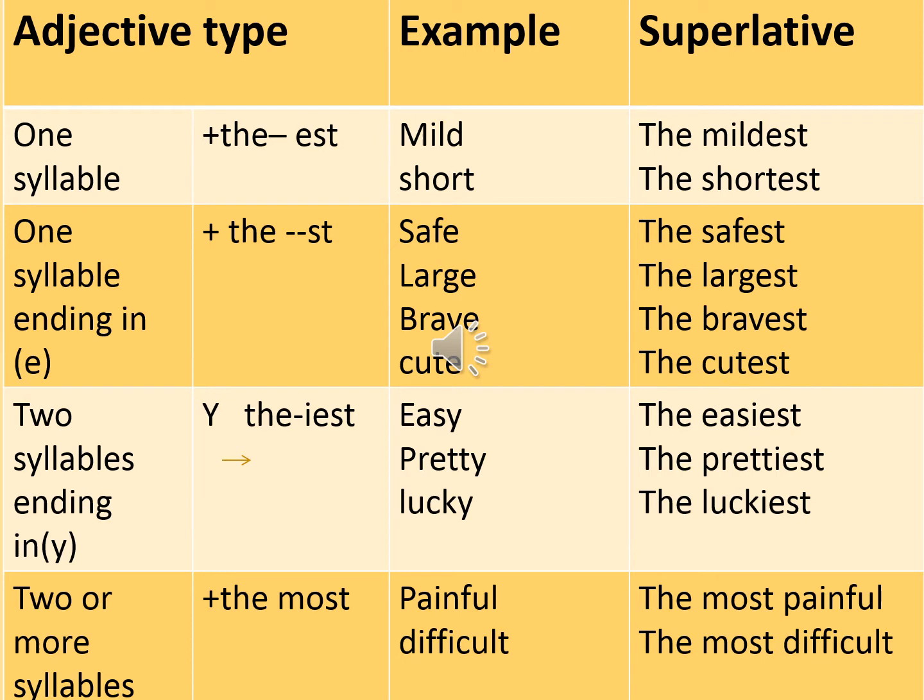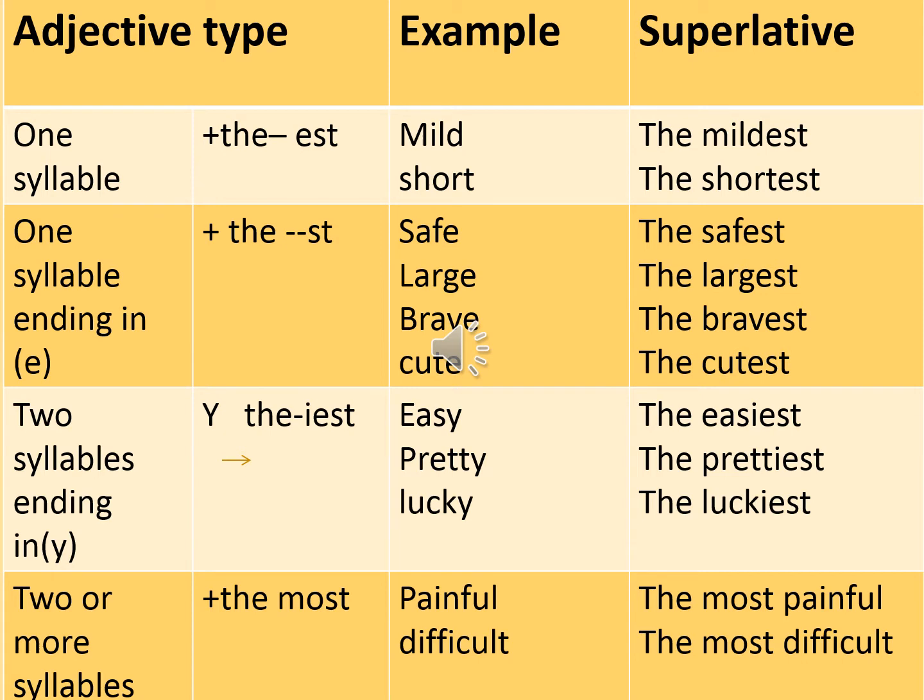If the adjective has one syllable, ending in E, we add the, then the adjective, then st, only st. For example, safe, the safest. Large, the largest. Brave, the bravest. Cute, the cutest.